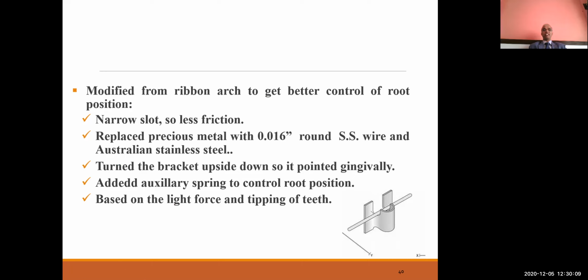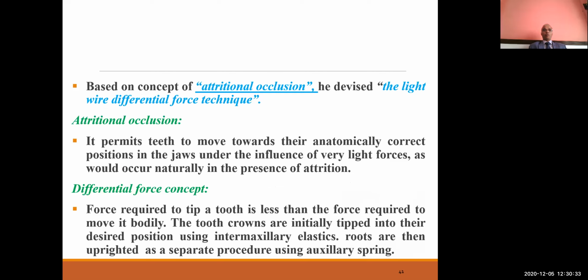So he added auxiliary springs to control the root position, like torquing spring, rotating spring, and counter-rotating, counterclockwise rotation spring. So he used various auxiliaries. And based on the light force and tipping of the tooth, because the lighter wires apply lighter force, and based on the concept of attritional occlusion, he devised the light wire differential force technique.